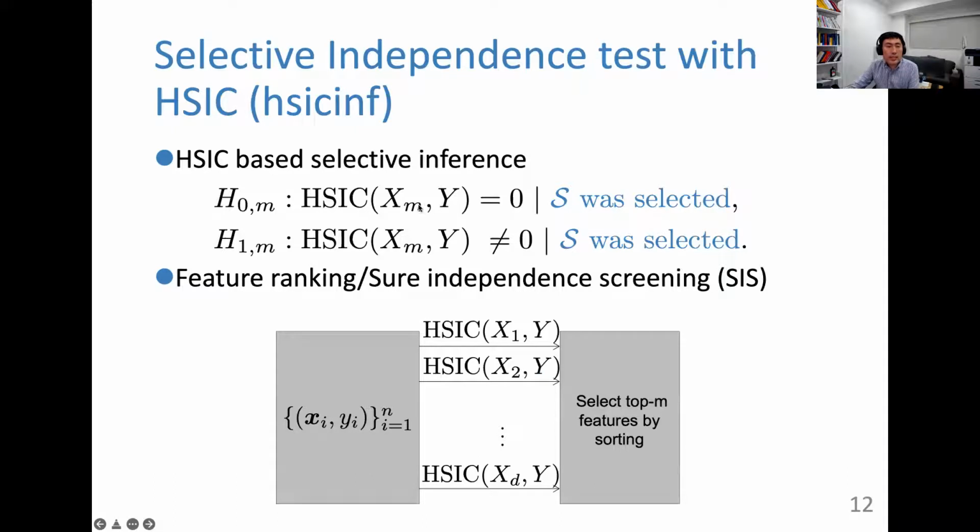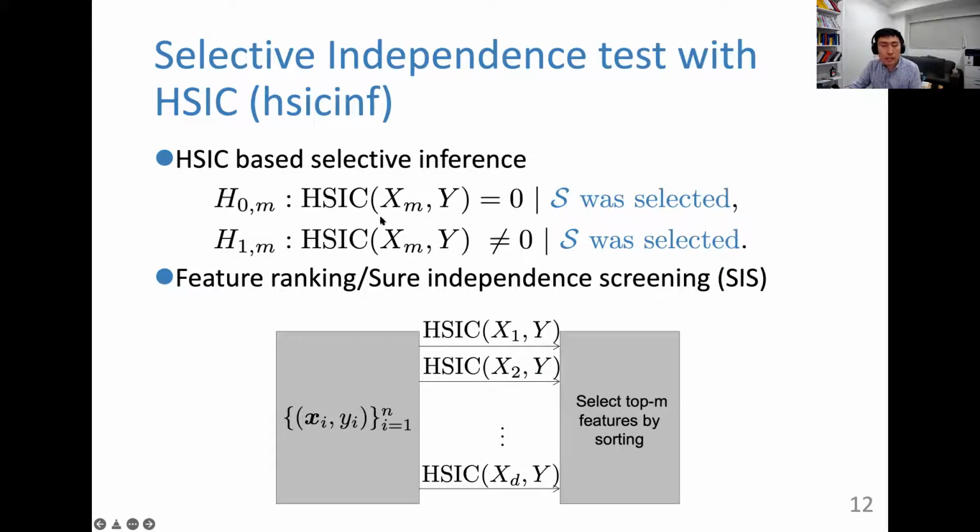More precisely, I use the HSIC. HSIC stands for the Hilbert-Schmidt Independence Criterion. So HSIC-based selective inference can be formulated like this. We somehow select the feature set, where M is the selected feature set.